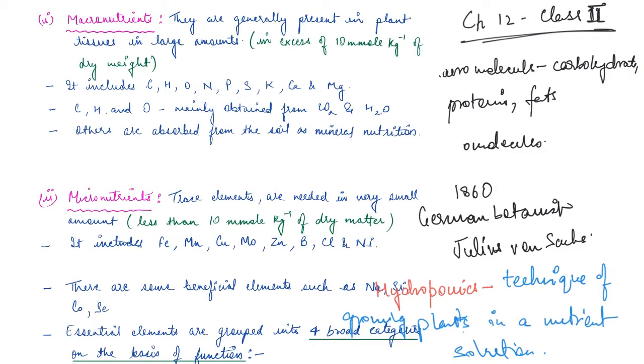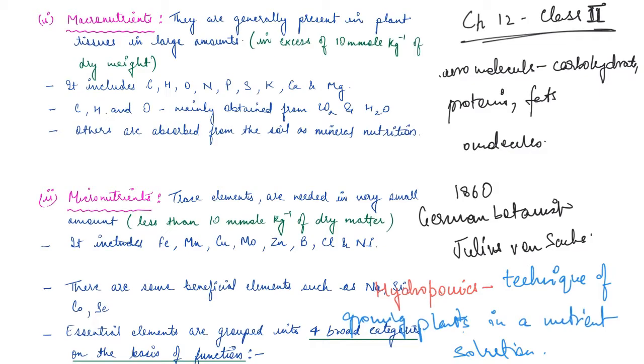And if they are present less than 10 millimole per kg of dry weight, they are micronutrients. So you'll have to remember the number 10. If it is more than 10, it is macronutrients. If it is less than 10, it is micronutrients.